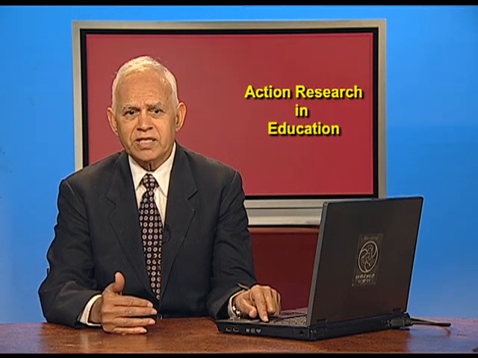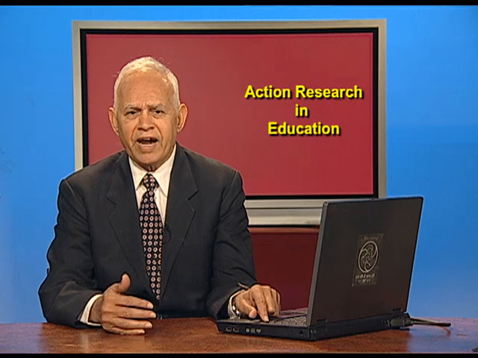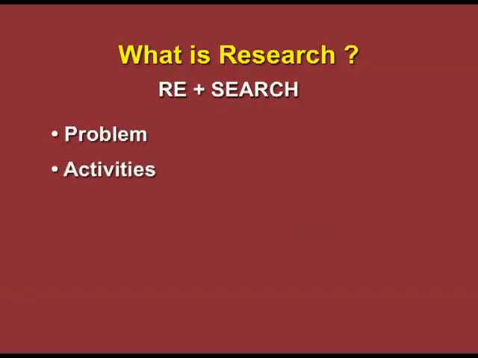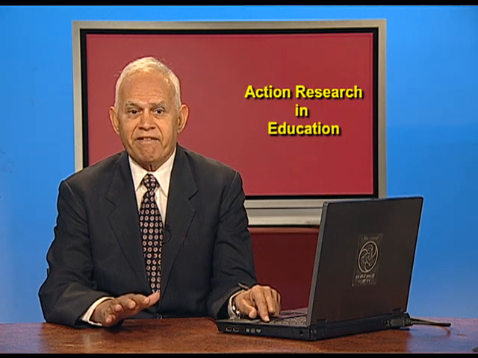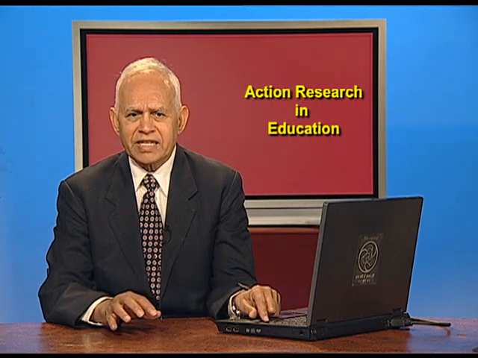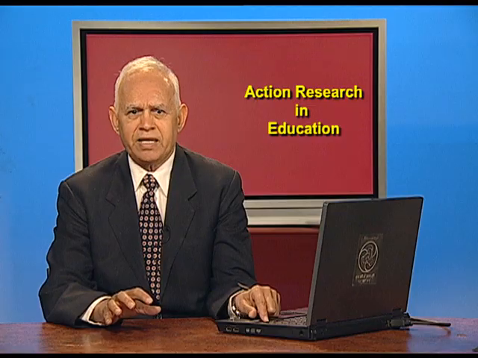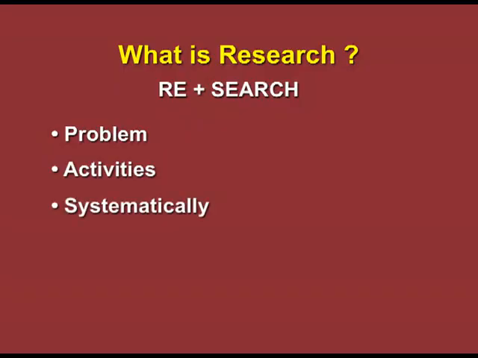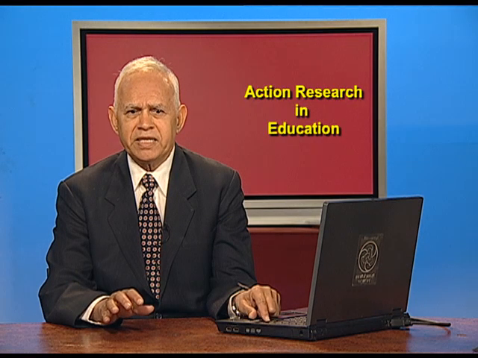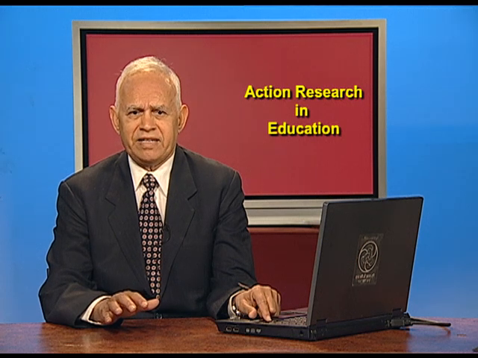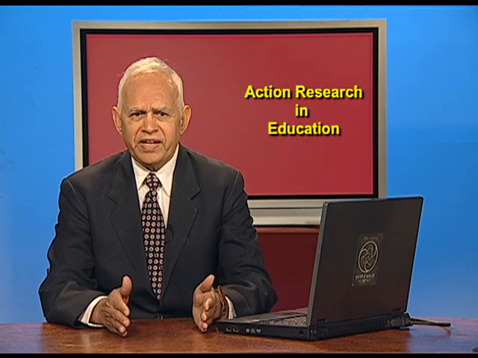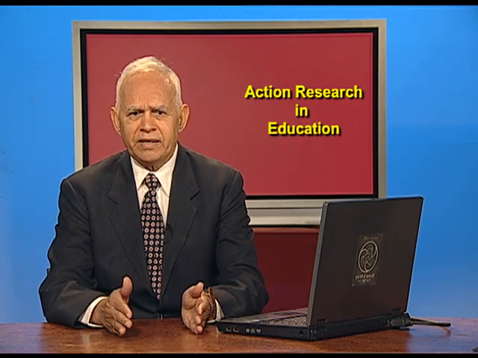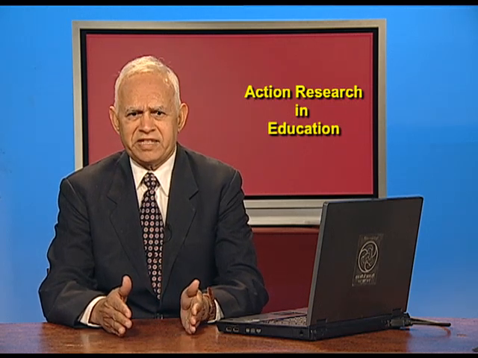To find the solution of this problem, you have to do some activities, and you cannot do activities randomly. These activities have to be carried out systematically, or scientifically. The meaning is that different activities are to be done in a particular sequence.